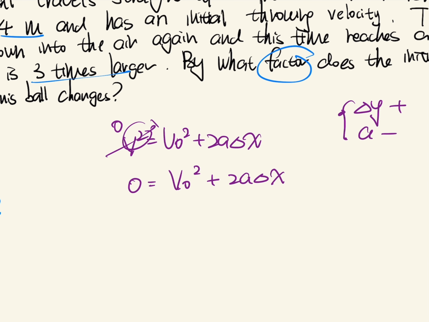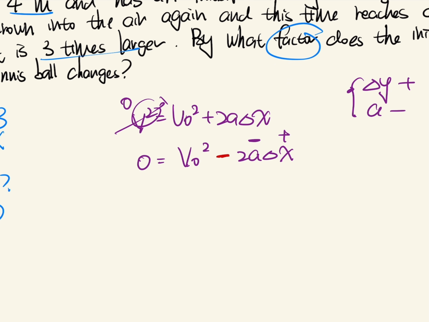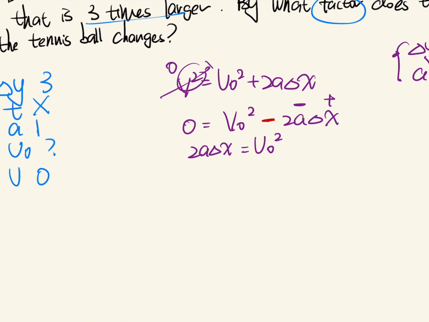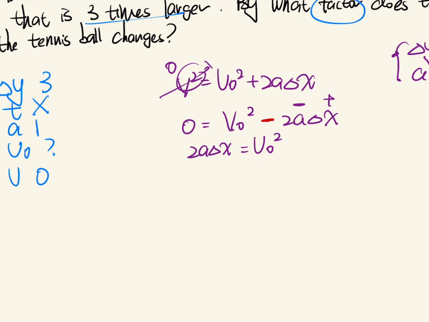So instead of plus here, we can write it as minus to avoid confusion. So we add 2a delta x on both sides. It becomes 2a delta x equals v0 squared, and we now plug in all the things we have.